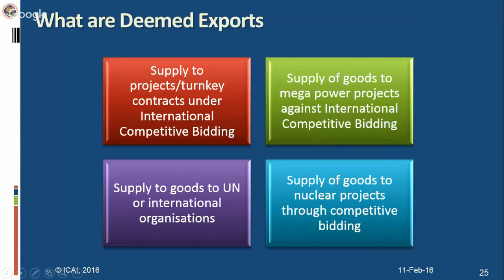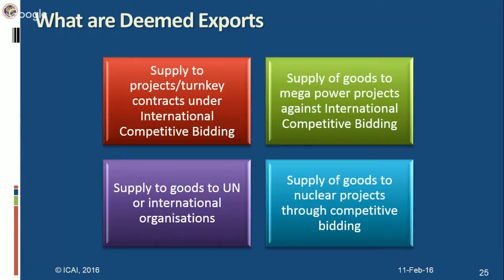Now these are the supplies which we are going to cover in this slide, which can be made by the main contractor or by a subcontractor. There are certain projects which are financed by the World Bank or international finance organizations. In such cases, international competitive bidding is held.